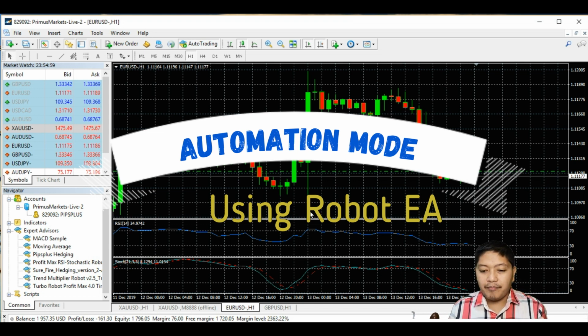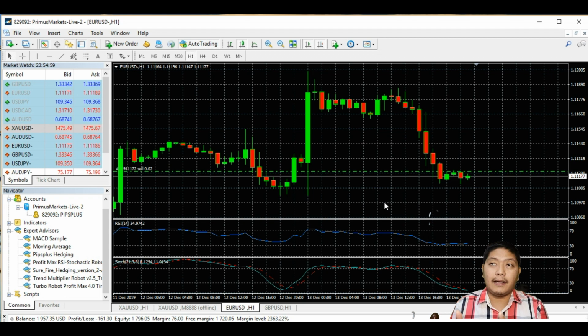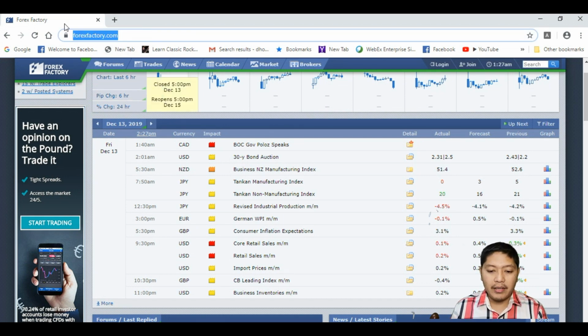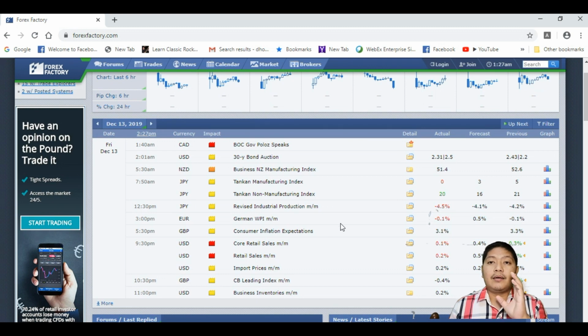By the way, before those entries, you can verify also before you enter the trade. Make sure that there is no upcoming news that may hit the market and make it move very high and down. So make sure that you go to ForexFactory.com over here, and then verify the entry that you have and the particular pairs that you have.